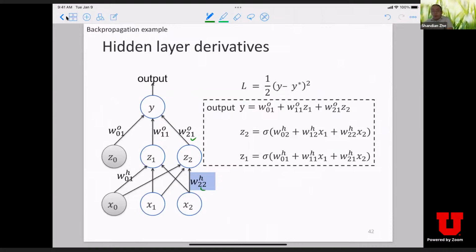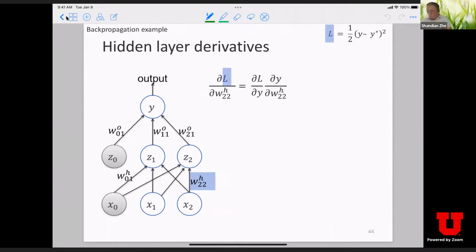What if we want to compute partial L over partial W22H, which is on the edge connecting X2 and Z2 in the hidden layer? Again, we're going to use the chain rule: partial L over partial Y times partial Y over partial W22H.